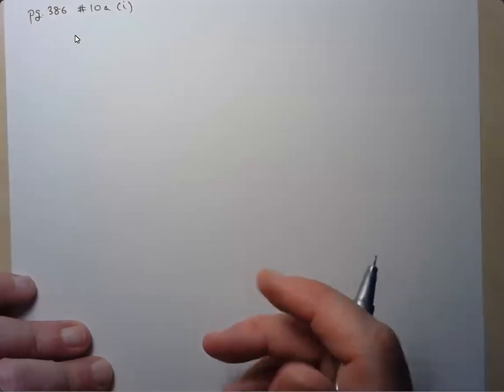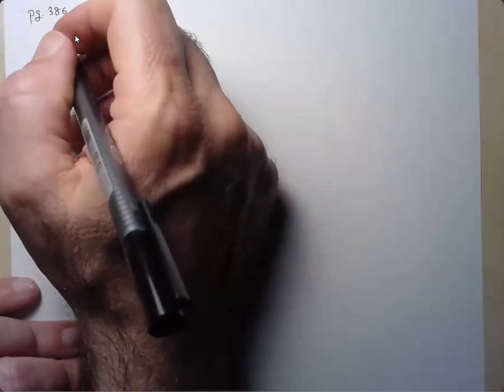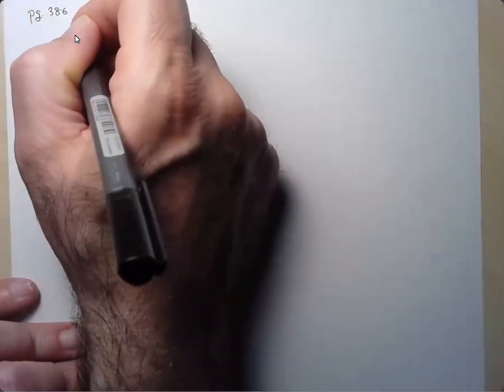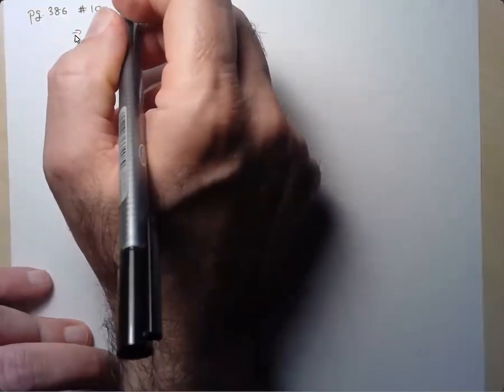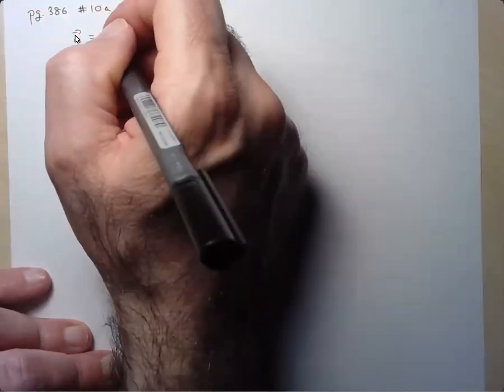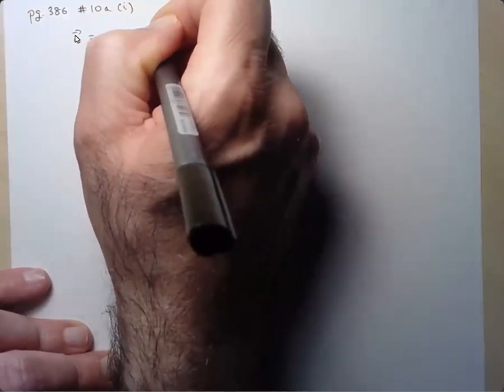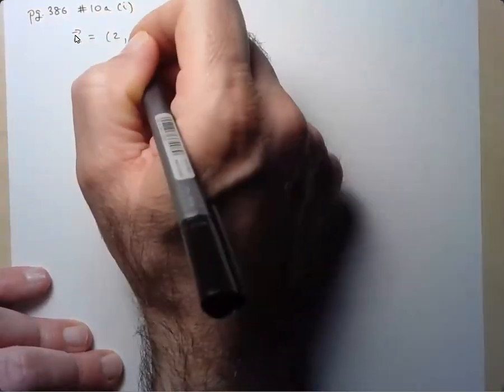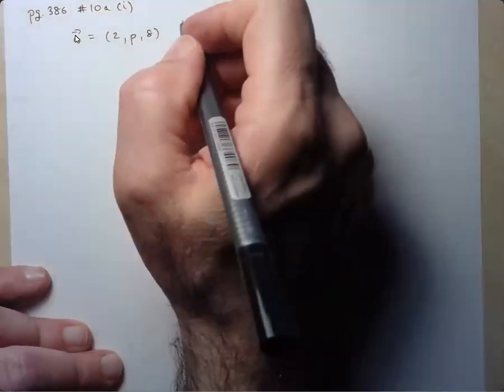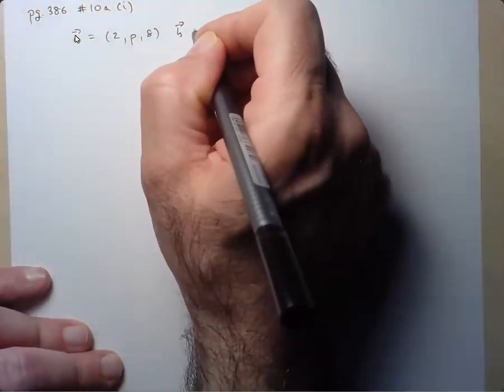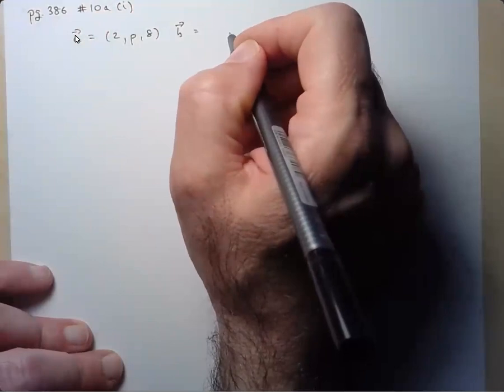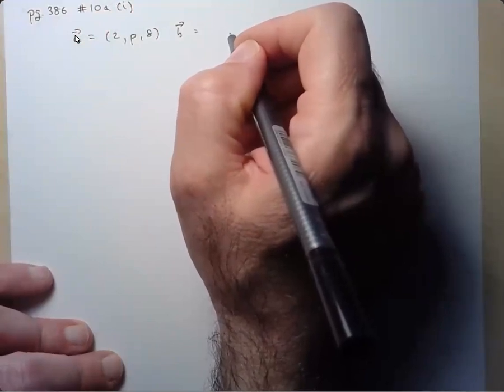Okay, so here, let's take a look at the vectors that they're giving us. So vector A is given by 2, P, 8. Okay, so we notice here there's an unknown quantity in there, and then vector B is given by Q, 4, 12.